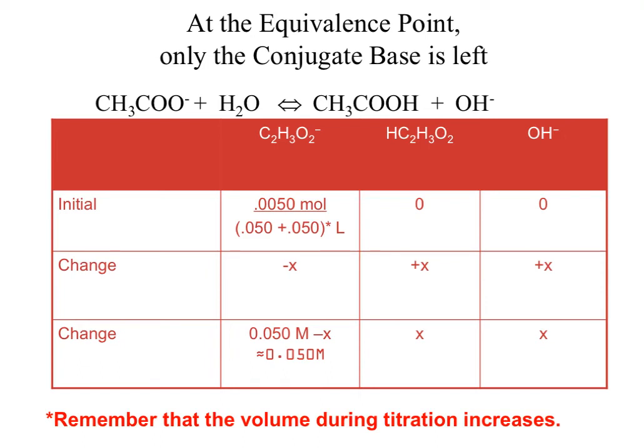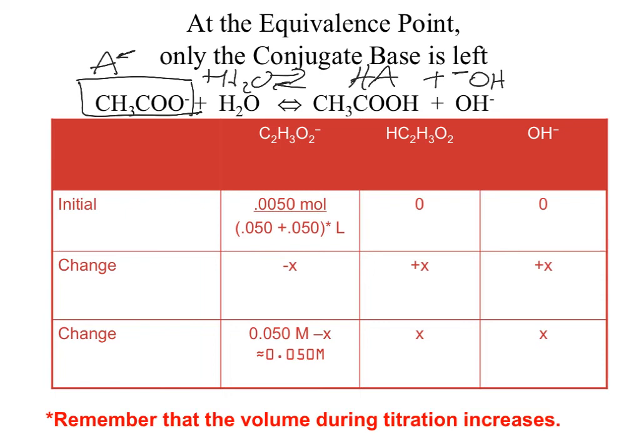So, all we have left, again, is the conjugate base. You don't have to write the structure. You could just put A minus, and this would be HA. Now, as with any weak base, equilibrium in water, you're going to be producing hydroxide, not hydronium ion.